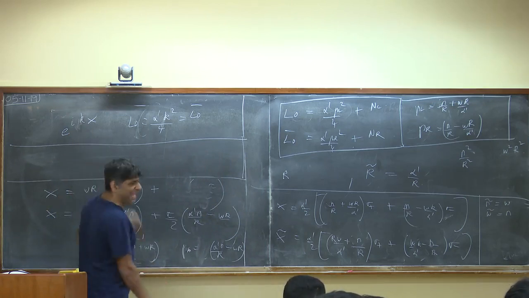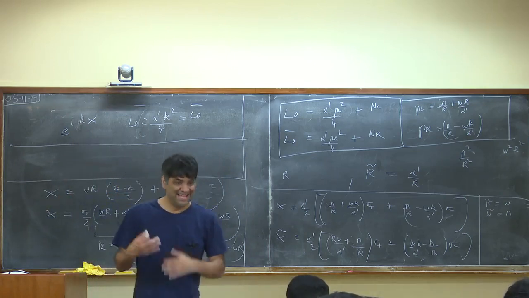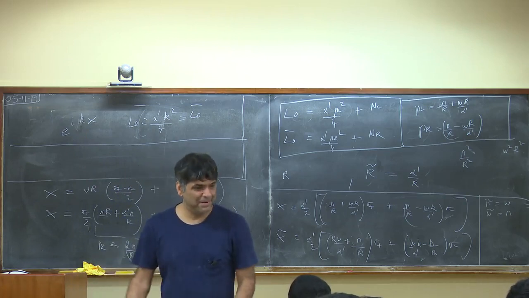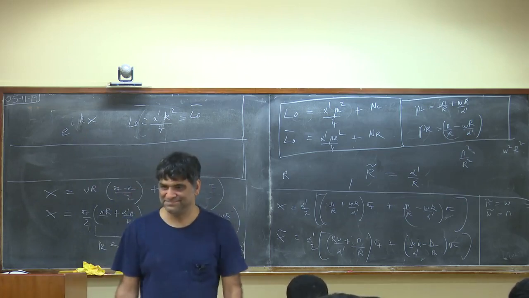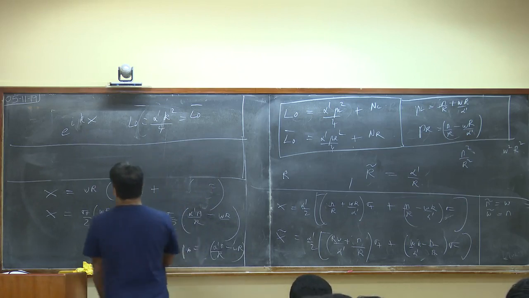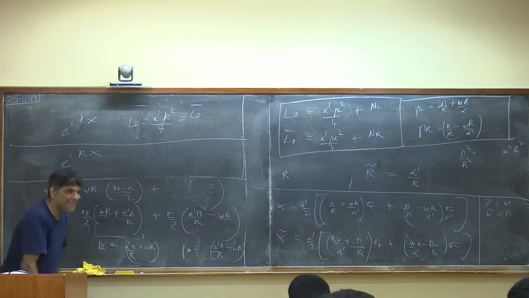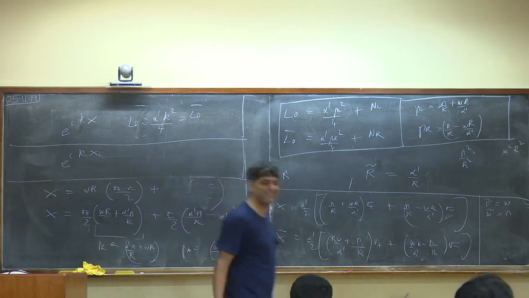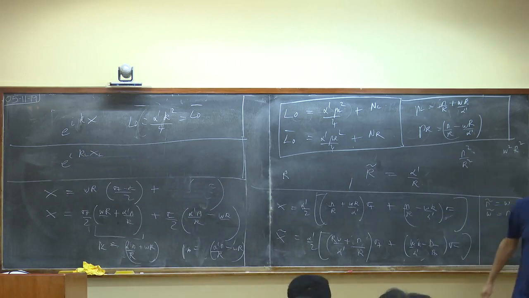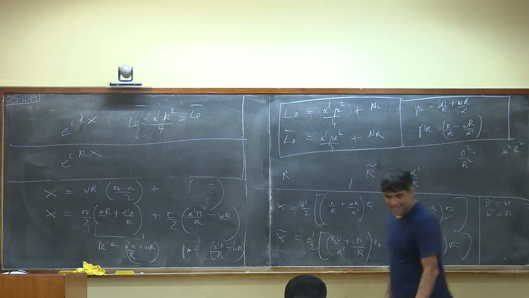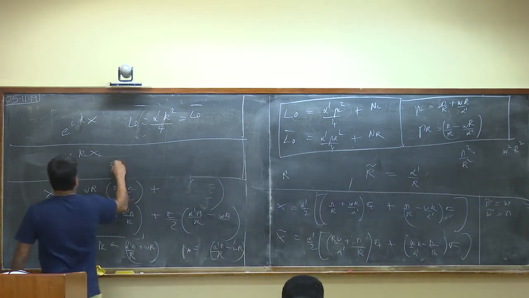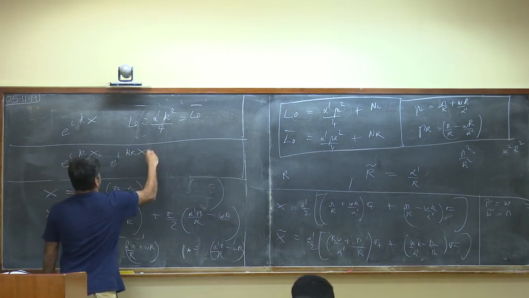So we just replace k x by k_L X_L plus k_R X_R. So the vertex operator will be e to the power i k_L X_L, just the left moving part of the full free boson, times e to the power i k_R X_R.